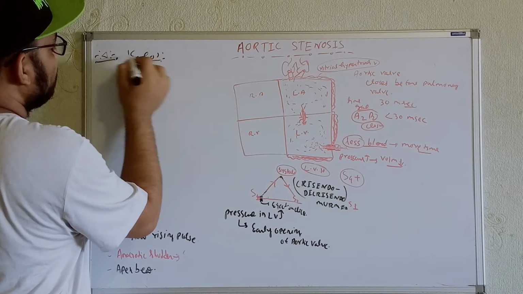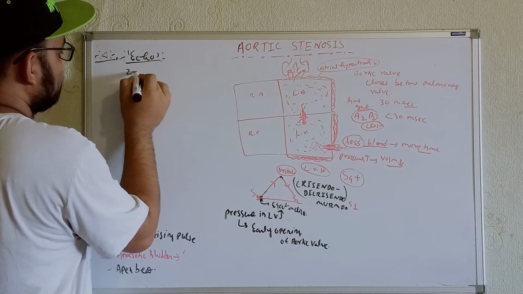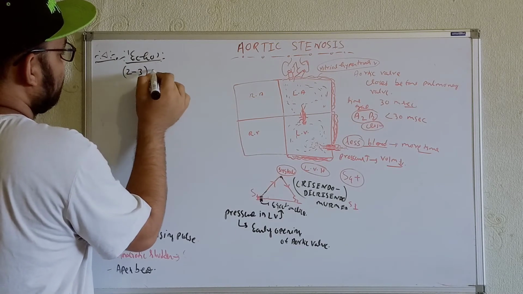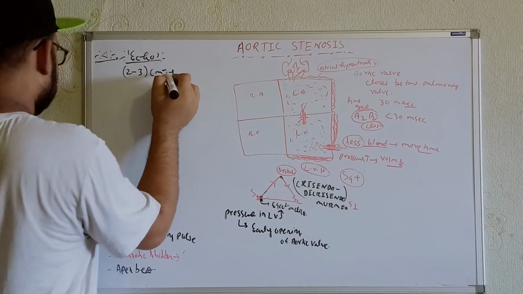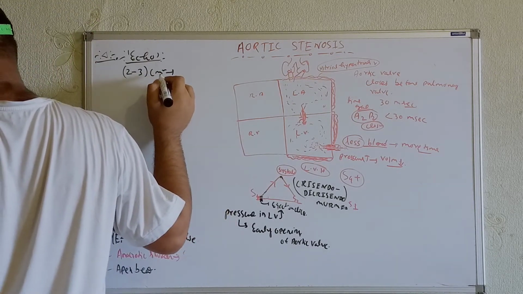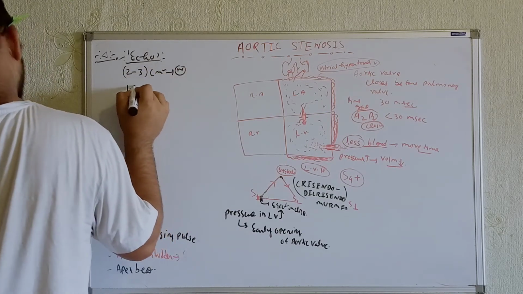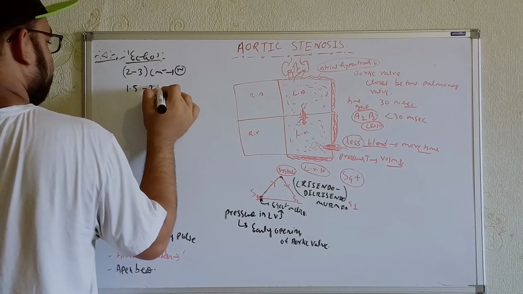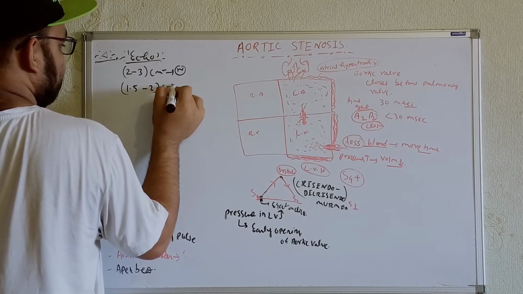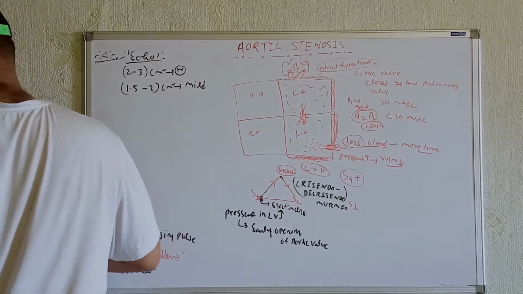And whenever you are doing the echo, we can understand from the valve surface area. For example, if we see the valve surface area is 2 to 3 centimeters square, then we can say it's normal. Now if we get 1.5 to 2 centimeters square, at that time there is a chance of mild stenosis of the aortic valve.